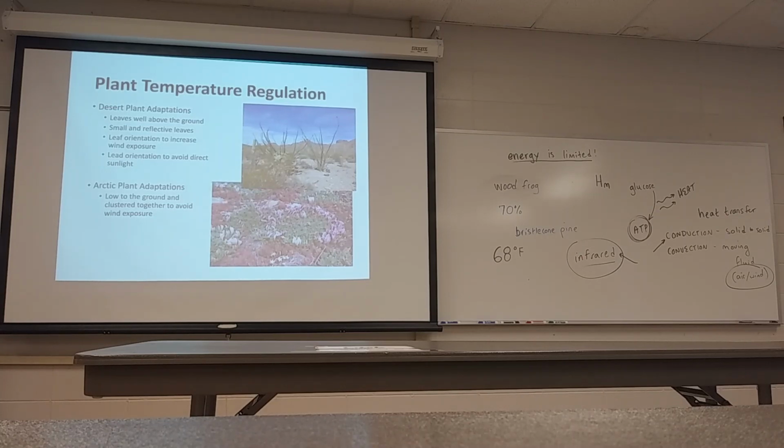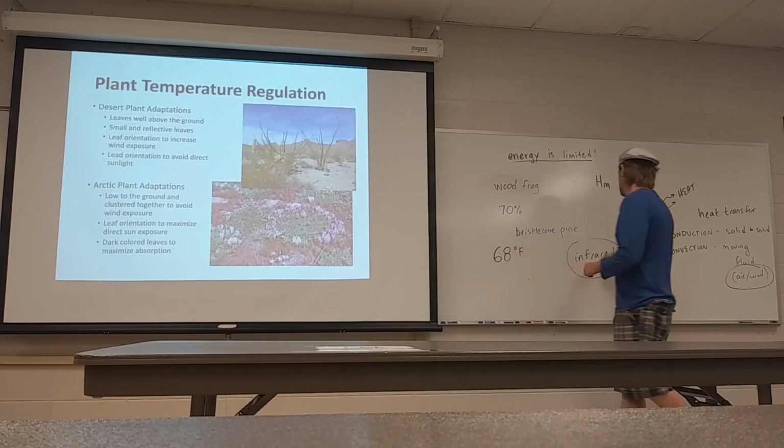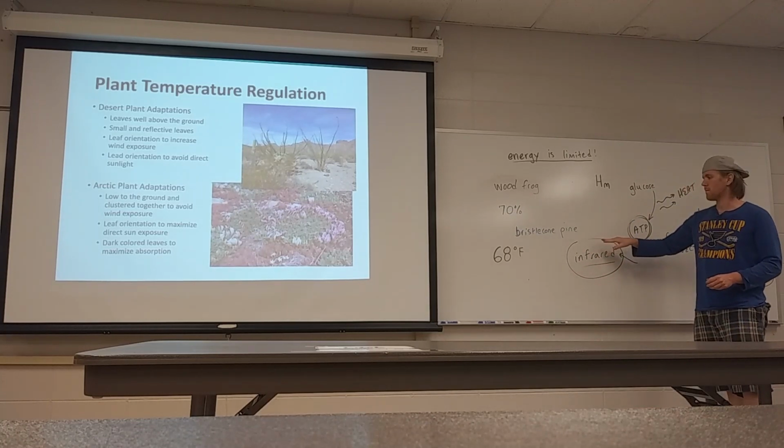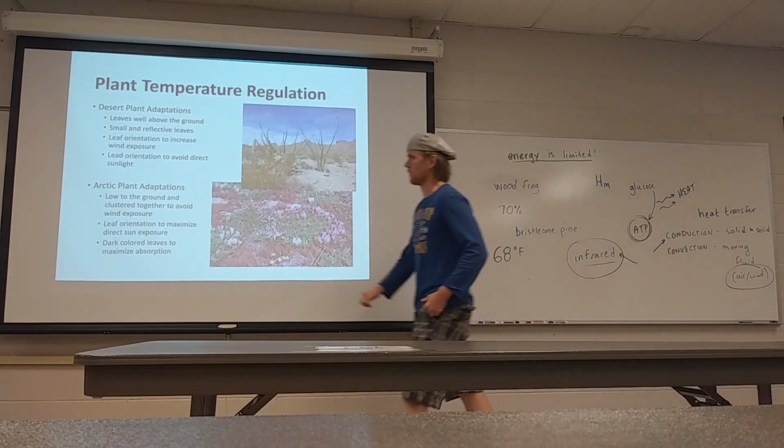Cluster your leaves together to minimize surface area exposure and thus minimize wind exposure in that way too. Put your leaves facing directly into the sun and have darker colored leaves to better absorb electromagnetic radiation. So with plants, it's primarily either maximizing or minimizing electromagnetic radiation as a source of heat and convection as a source of heat.